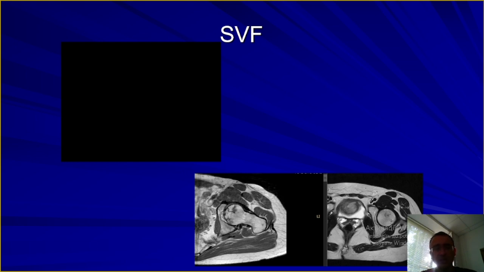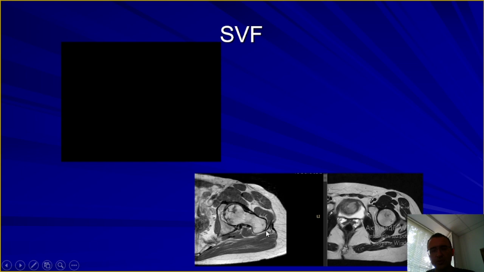Here, I don't know why the video is not playing, but you can see the result of treatment of a patient who has aseptic avascular necrosis of the femoral head, before and after the treatment with stem cells. You can see the changes in the femoral head, the margin of osteonecrosis.